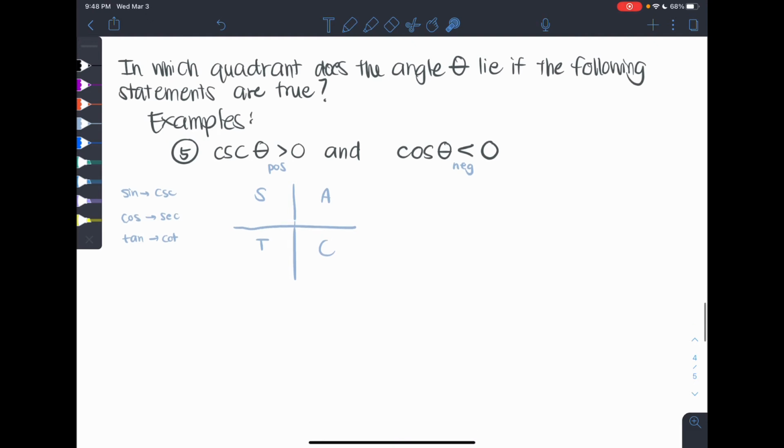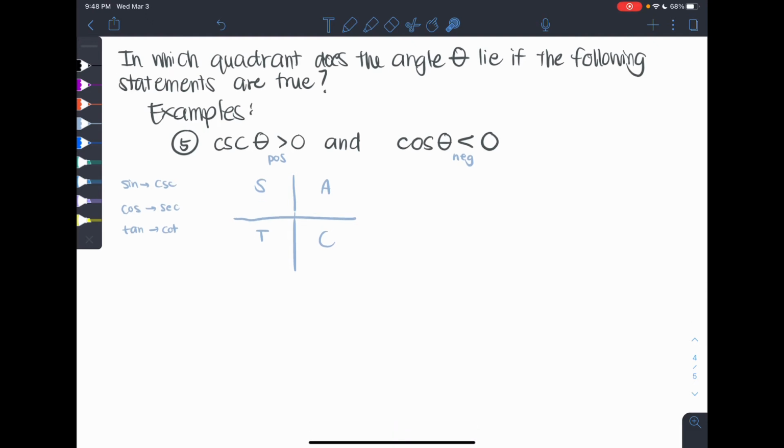Looking at our reciprocals, we know cosecant and sine are reciprocals. So wherever sine is positive, cosecant will also be positive. Sine is positive in quadrants 1 and 2, which means cosecant will be positive in quadrants 1 and 2.